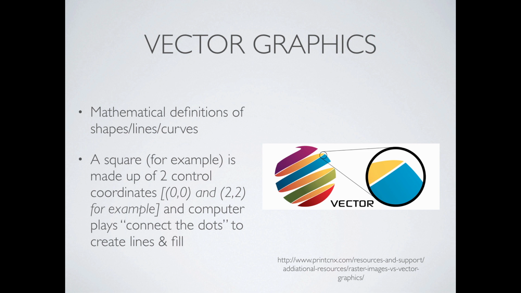If we think of old school math coordinate system, if we had 0, 0 as the origin and we had 2, 2 as the other point, those are the only 2 points we need to define a square. Make sense? So it's a mathematical definition rather than every pixel in this square is red or is a particular color. It's just 2 points, fill everything in between with red. Connect the lines with black.